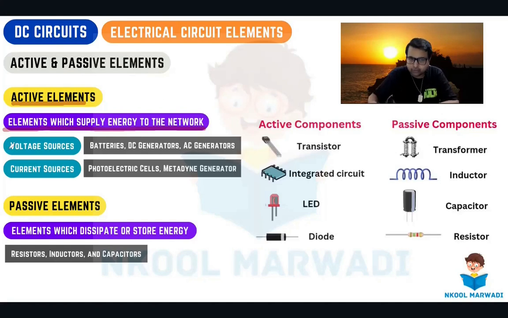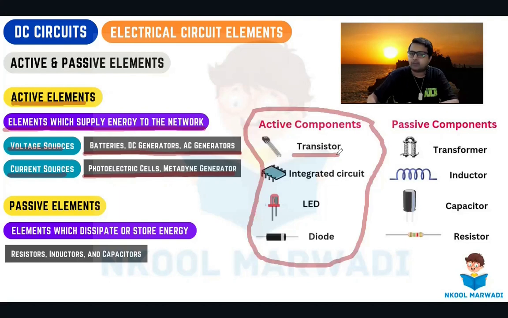All the voltage sources, because they generate electrical energy. Like we have batteries, DC generators; these are active elements. All the current sources like photoelectric cells, these are active elements. A transistor is an active component, because a transistor acts like a switch. It does not consume energy; it just helps in the flow of energy.